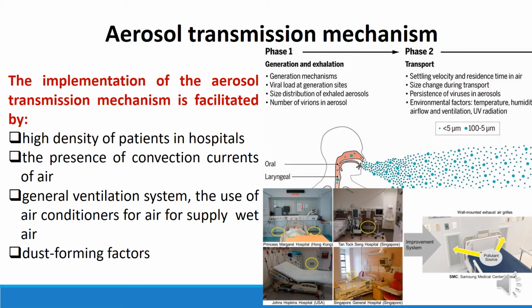Let's discuss the aerosol transmission mechanism. Its implementation is facilitated by the high density of patients in hospitals, the presence of convection currents of air, the general ventilation system, and the use of air conditioners for the supply of wet air, and of course just four main factors.